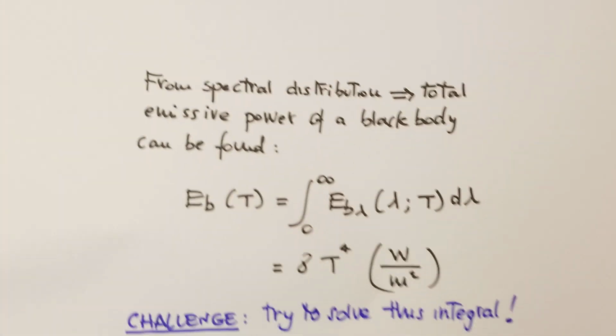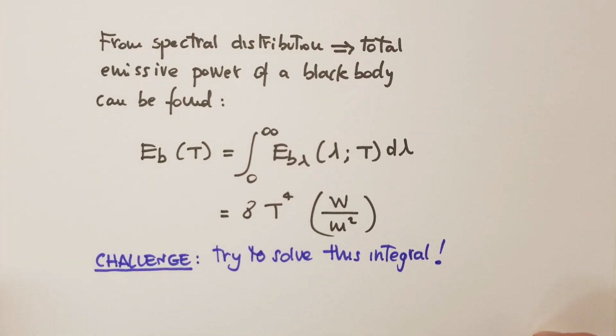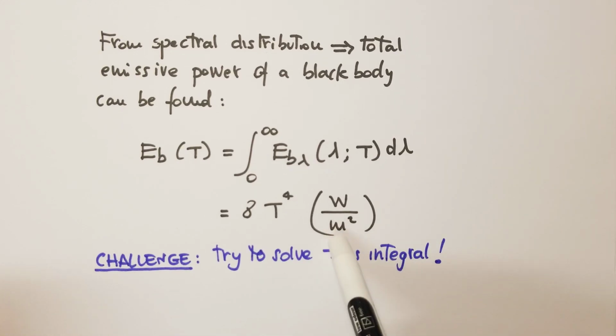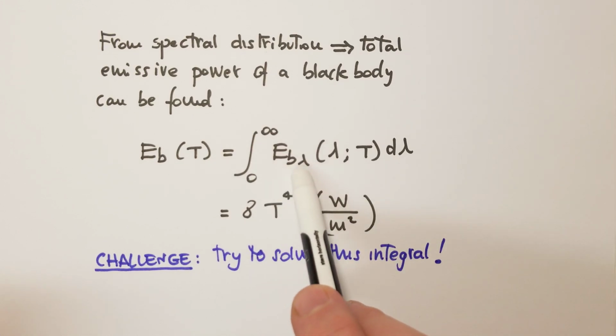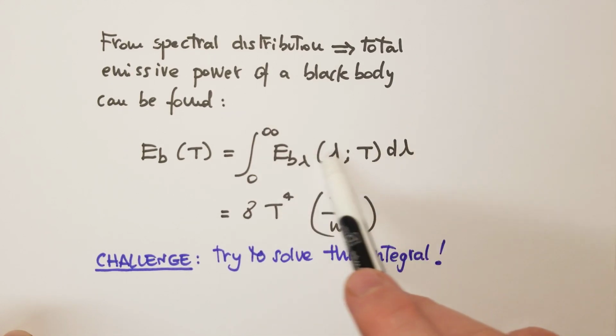So once we know the spectral distribution of black body radiation, then we can recover the total power emitted by a black body per unit area. All we have to do is take E_B lambda, the Planck's law as a function of lambda and T, and put it inside this integral.